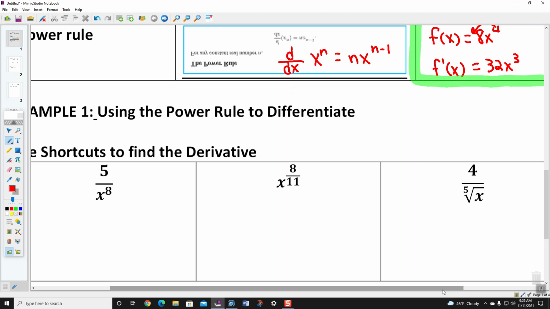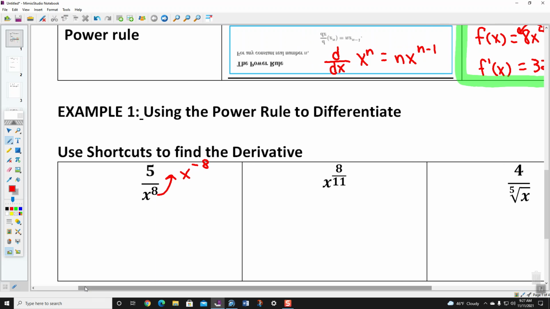So, first function we have to differentiate is 5 times x to the 8. Thoughts on how to do that, kids? It's going to be 5 times x, but if I move this x to the 8 to the other side, I'm just going to use my negative 8, right? So we might have to rewrite stuff when we use these shortcuts to differentiate.